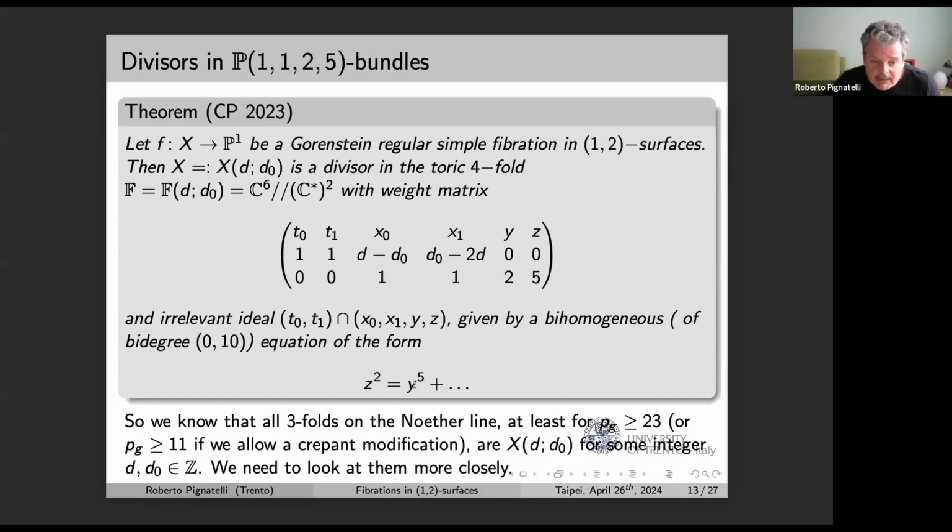But this equation here, lucky enough, misses these two sections, because in these two points, this part will absolutely always be 0. And well, one of these two will be not 0, and the other one will not. So my threefold is going to not intersect the singular locus of the fourfold. So it's a divisor in a smooth ambient. So it is canonical.